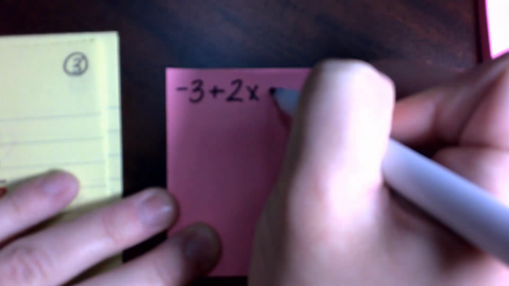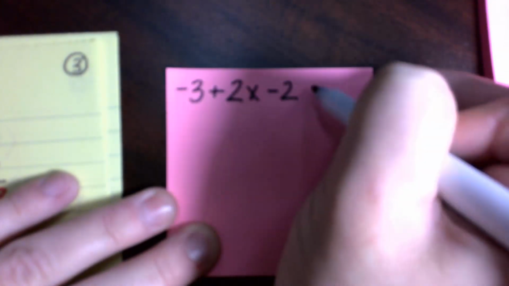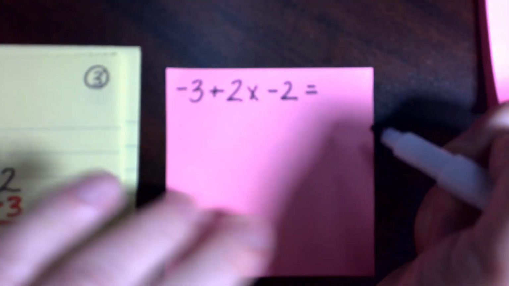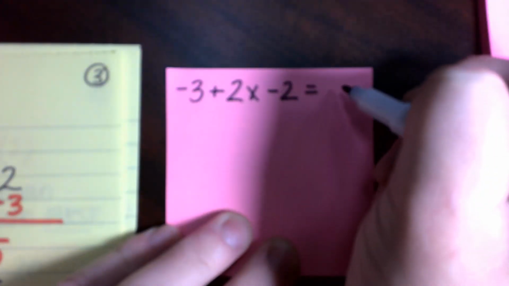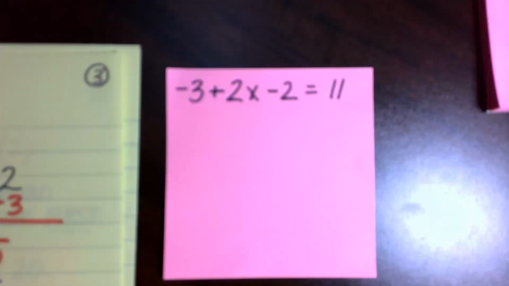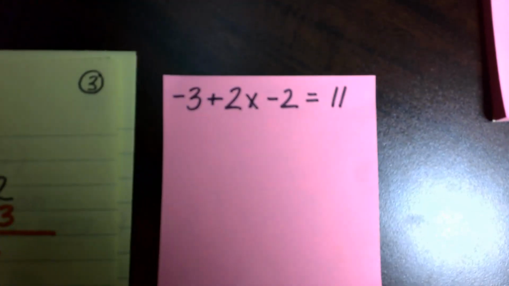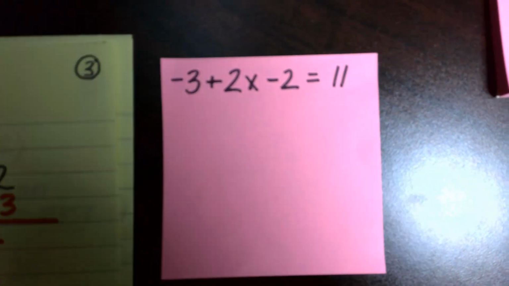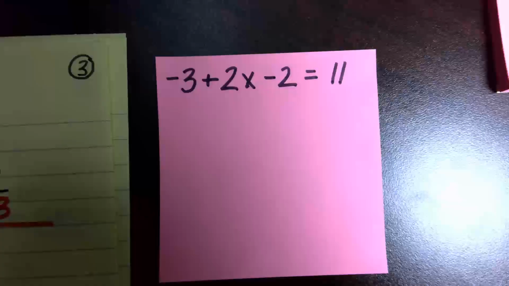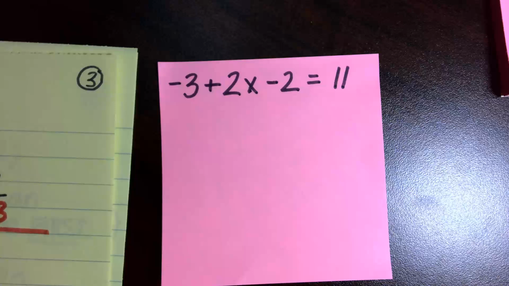How about -3 plus 2x minus 2 equals 11. Oh, hang on. Come on, I know you can focus better than that. There we go. Okay.